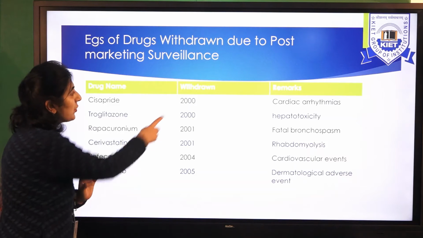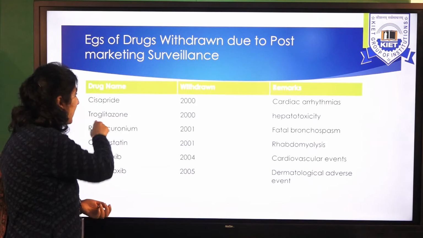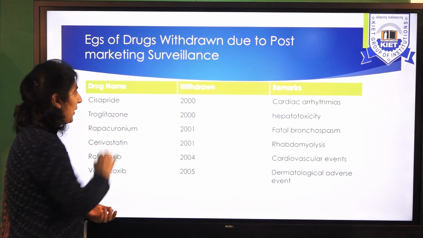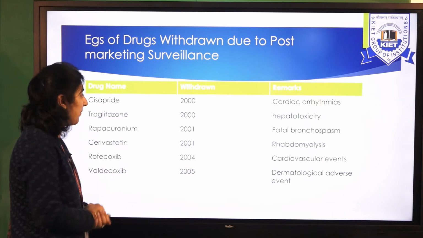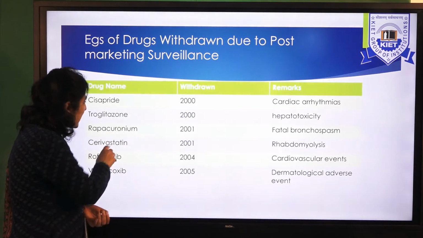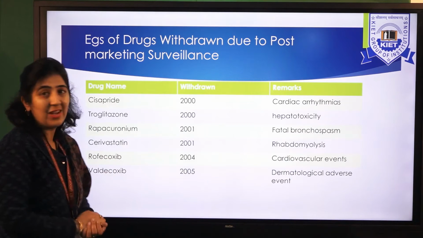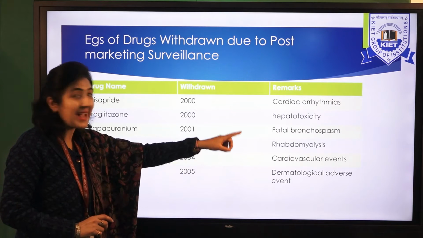Pride got withdrawn in 2000 due to cardiac arrhythmias. Troglytazone withdrawn in 2000 due to hepatotoxicity. Rabacurinone withdrawn in 2001 due to fatal bronchospasm. Cerebastatin withdrawn in 2001 due to rhabdomyolysis. Students, myo means muscle, lysis means breakdown.